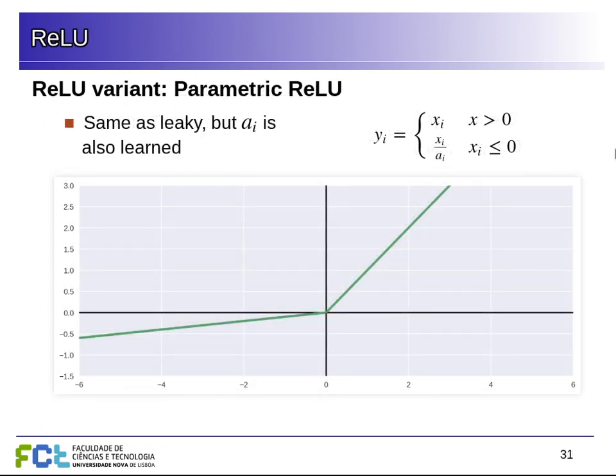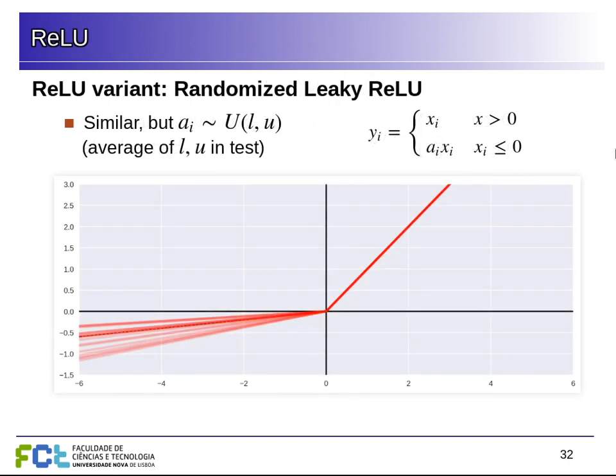There are other variants. For example, the parametric ReLU is similar to the leaky one, but the value there is also a parameter that is being learned during training, so it's an additional parameter that will be adjusted. The randomized leaky ReLU uses this value drawn at random from a uniform distribution between a minimum and a maximum.